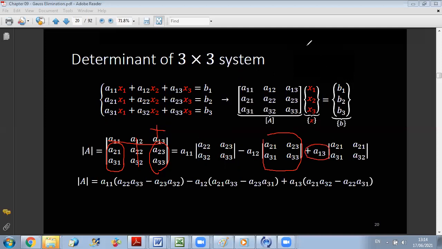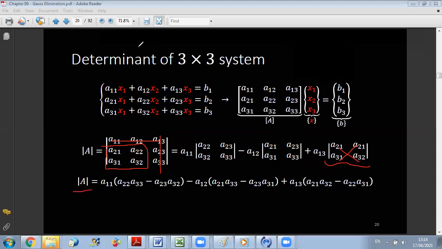Now I drop the row of a13 and the column of a13. The remaining terms, I will get these four. So I get the determinant of this matrix, which is a21 times a32 minus a31 times a22. So as you can see here, the determinant expression is now much more complex.